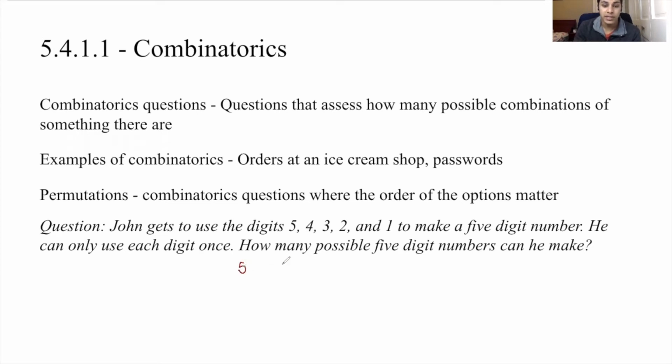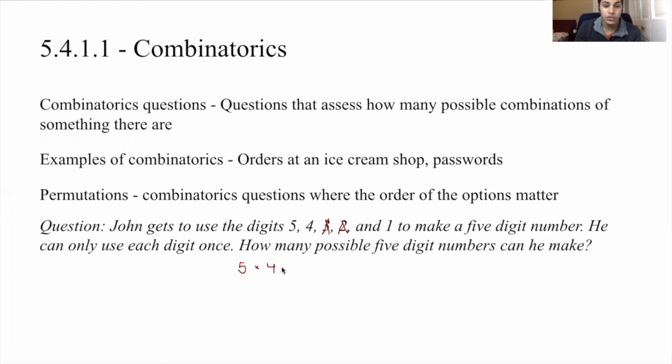After he writes the first digit, he'll have 4 numbers left that he can use. Say he chooses 3 as his first number. Now he can't use 3 anymore, but he has 4 other possible numbers. The same applies if he didn't choose 3. If he chose 2, then he wouldn't have 2 anymore, and he would have 3 in the rest of the numbers. So he starts with 5 options, and now he has 4 options.